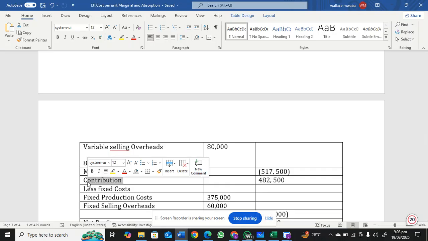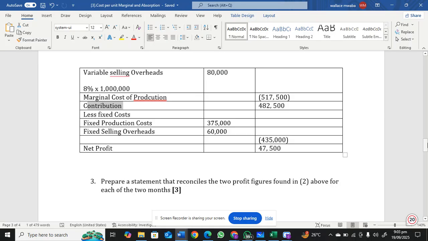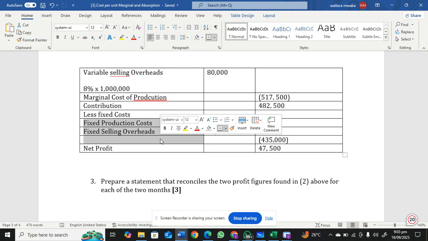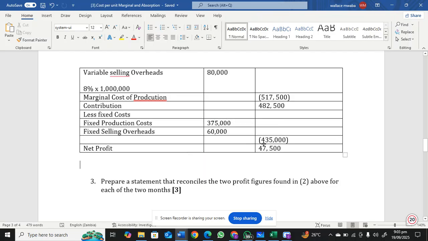Then you deduct the periodical costs, which are the fixed production costs and fixed selling overheads, from the contribution to get your net profit.